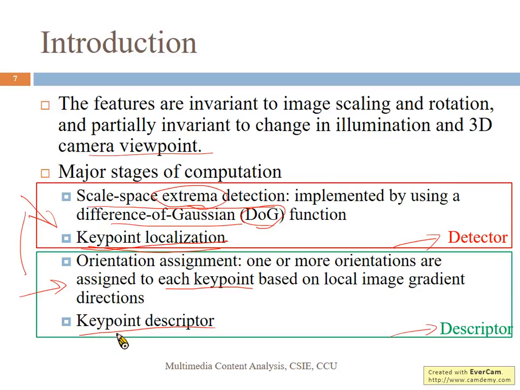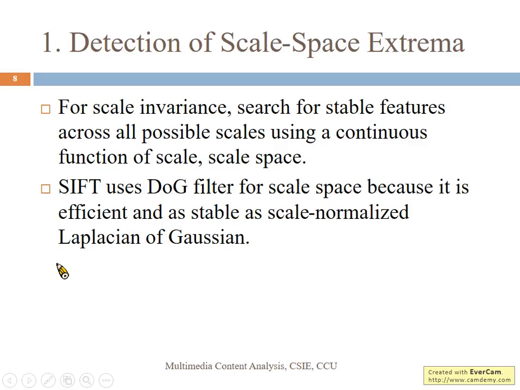Therefore, in this case, the so-called SIFT descriptor just contains the third and the fourth parts. So we can replace the detection part, and we can also replace the description part.